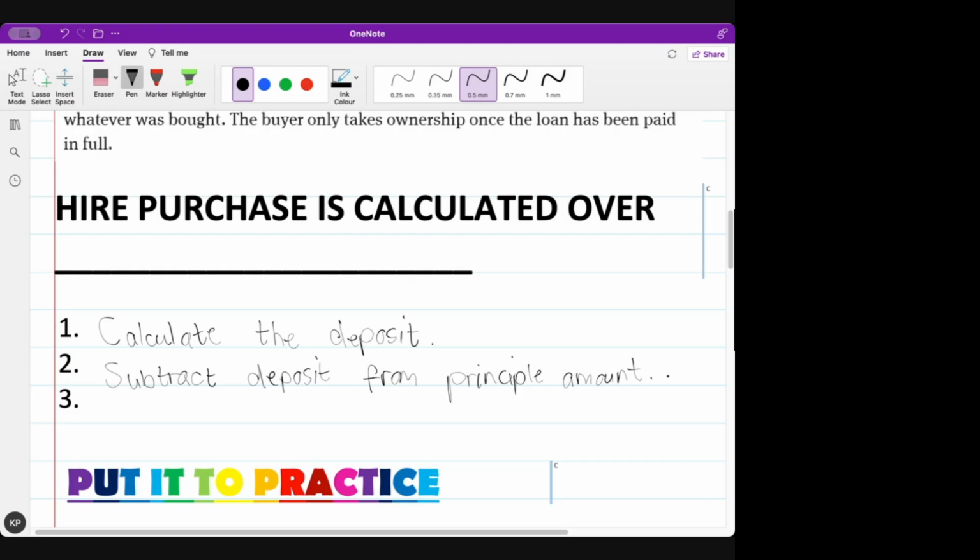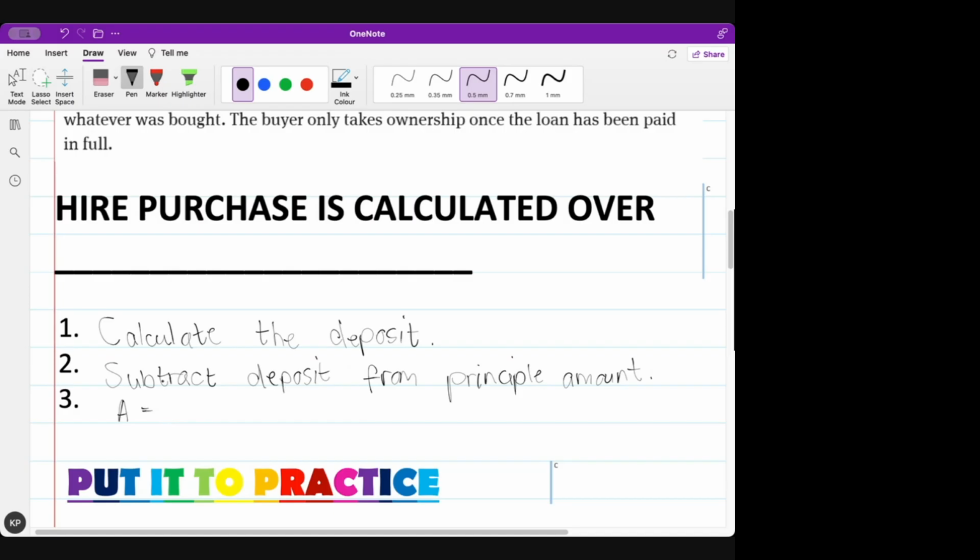Great. And then after that, you will use your simple interest formula. Hire purchase is calculated on simple interest. So your third step is to apply your simple interest formula on the balance.